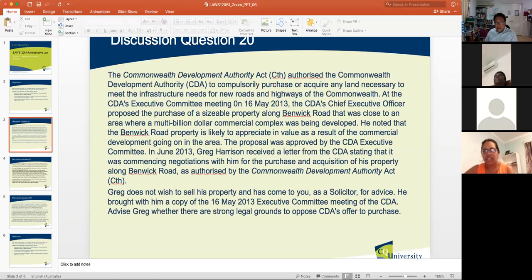So let me repeat, assuming that the Commonwealth Development Authority Act provides that an application for review can be made to the AAT on the basis of any decision made by the Commonwealth Development Authority under the Act, assuming there is that recourse to the AAT, can one of the grounds for application for review with the AAT be on the basis that the Commonwealth Development Authority Act is unconstitutional? Let's just deal with that question for now, and then we'll go back to the answer of Anthea and Edward, and then we'll go to Vivian.